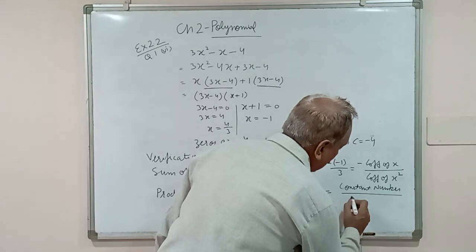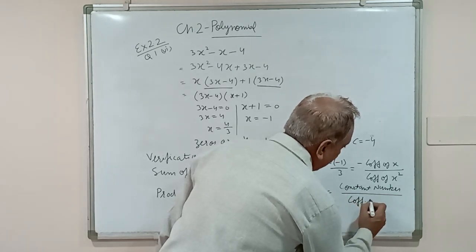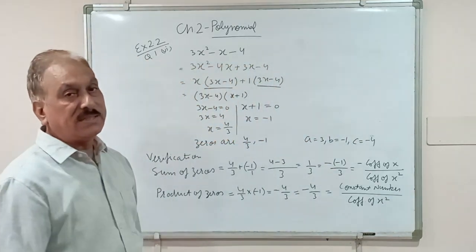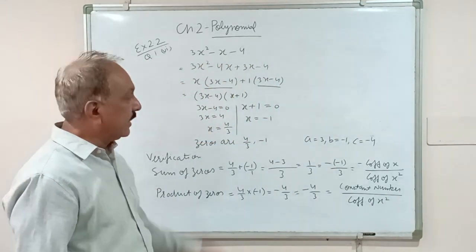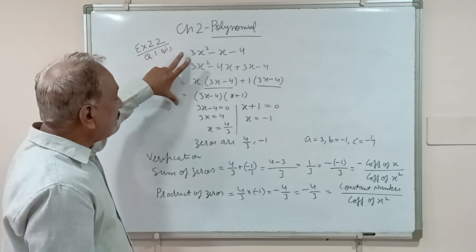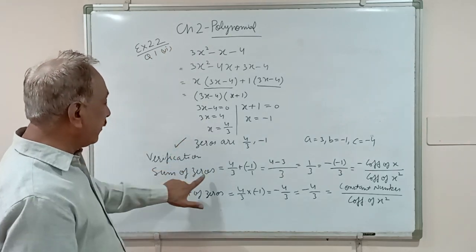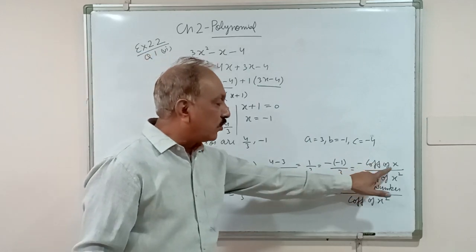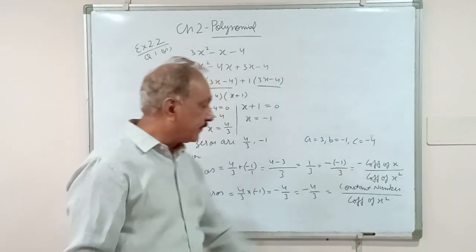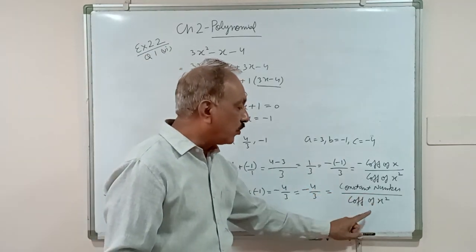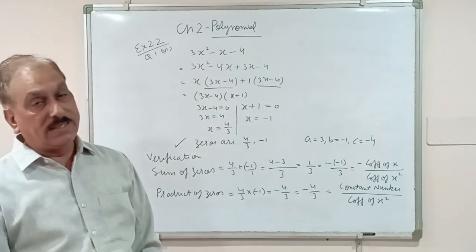Constant number upon coefficient of x square. This is complete. First part, find the zeros. Done. Then verification. Sum of zeros is minus coefficient of x upon coefficient of x square. Product of zeros, constant number upon coefficient of x square.